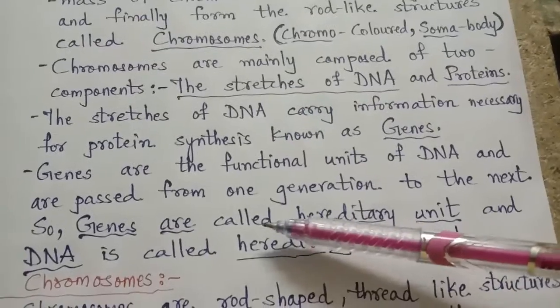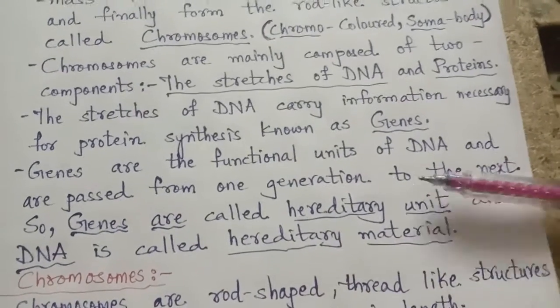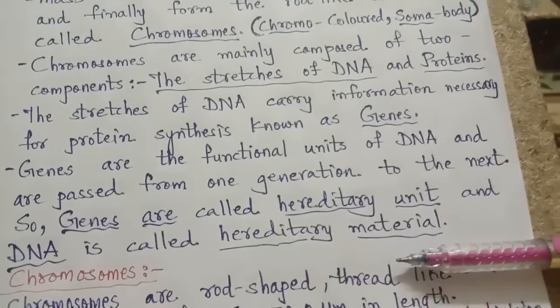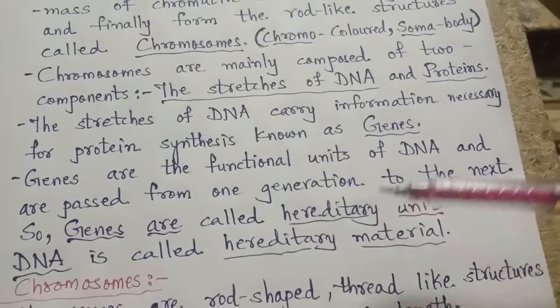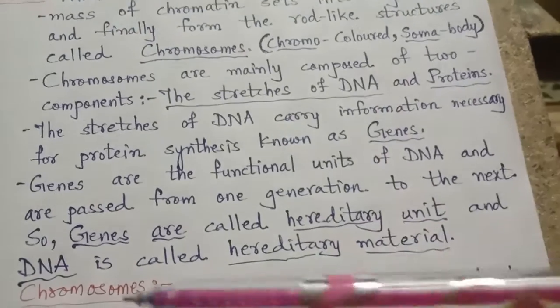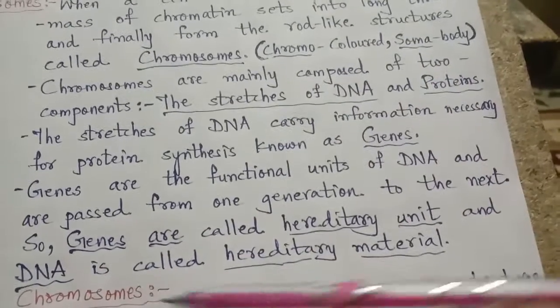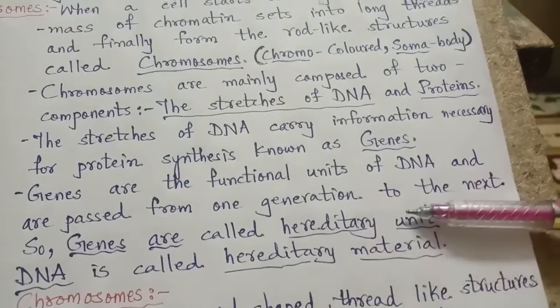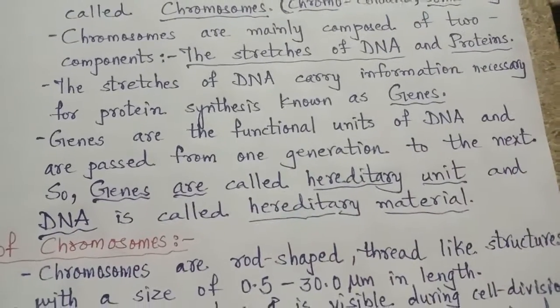So we can say that genes are also the hereditary unit and DNA is the hereditary material. Genes collect the hereditary functions, and these are passed from generation to generation by DNA. So genes are the unit and DNA is the material to pass those units.